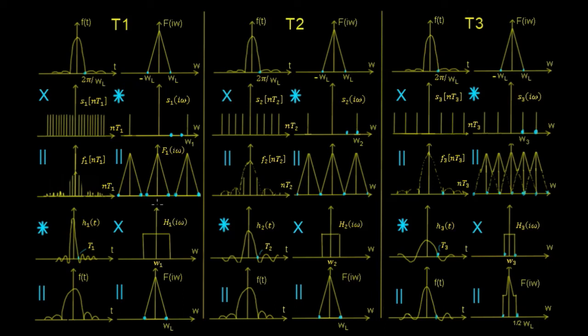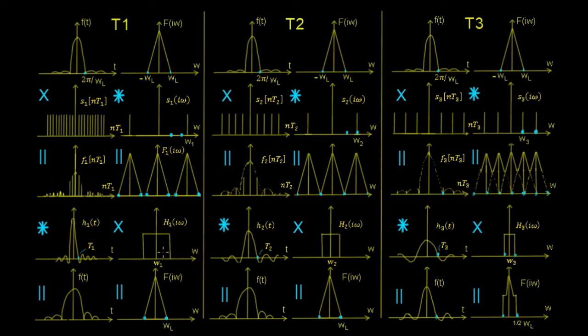So if we take this first one, for example, here at the T1, if we were to take this function here and multiply it by a little square function, and the square function here is of period omega 1, so the distance between there and there is going to be omega 1, then we can see here that when we multiply these two together, we're simply going to be left with the original triangular function, which was F of i omega.